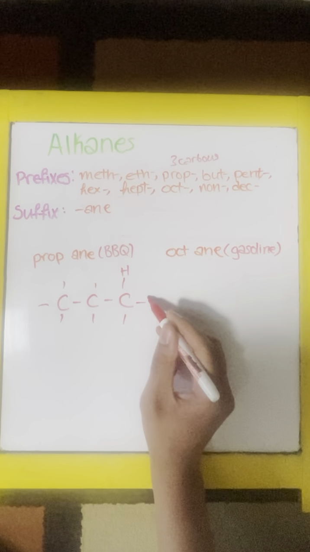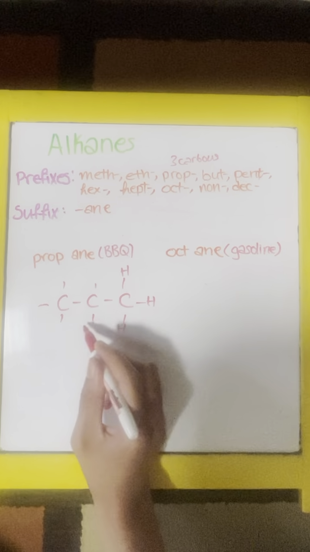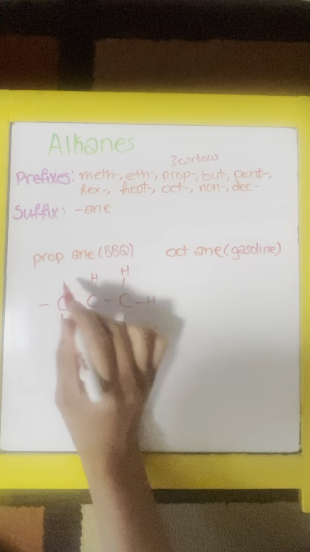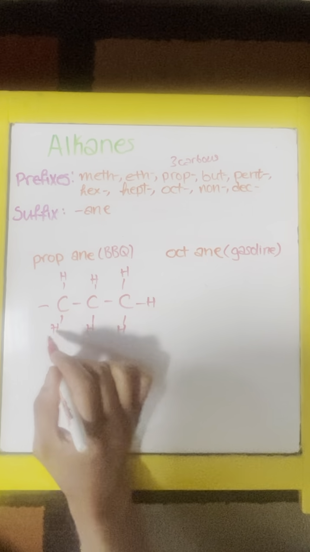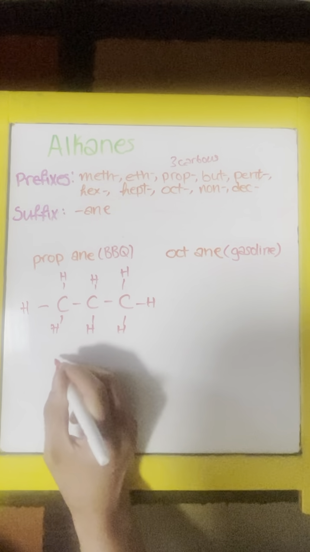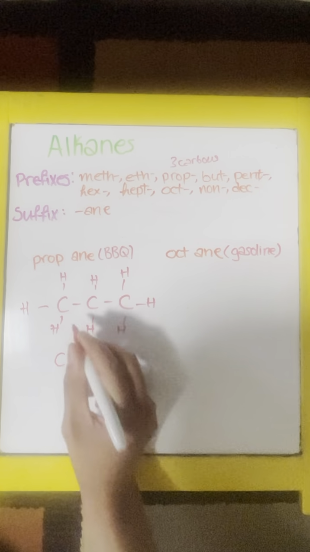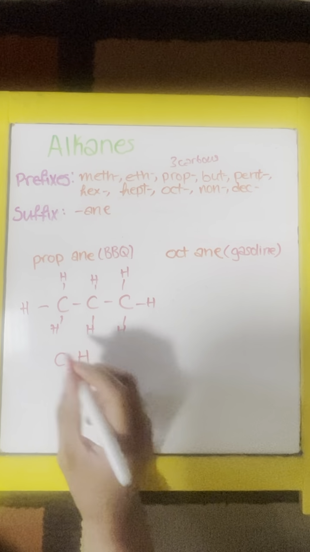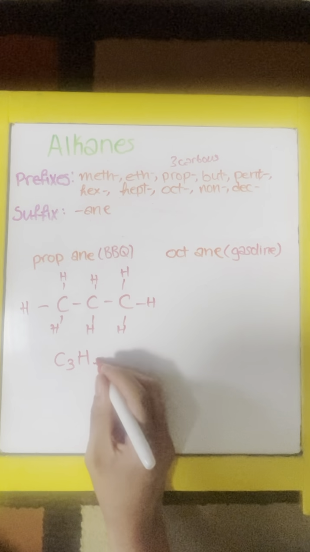And in all of the ones that have nothing written on it, they will be H's. So now how do we write this down? We could write this as C3, because there were 3, H, then we count each of them, and it's an 8.